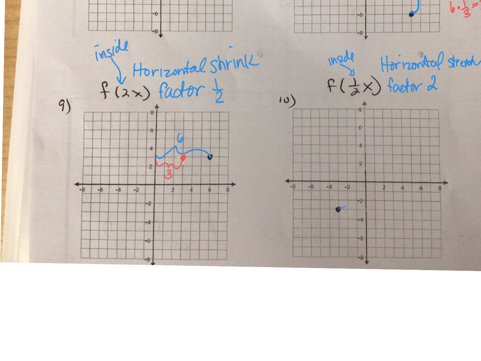So that means the horizontal distance that is currently 3 is going to get multiplied by 2. Took the reciprocal and made it 2, so it's a stretch instead of a shrink. Correct.